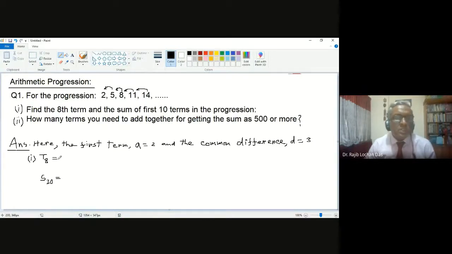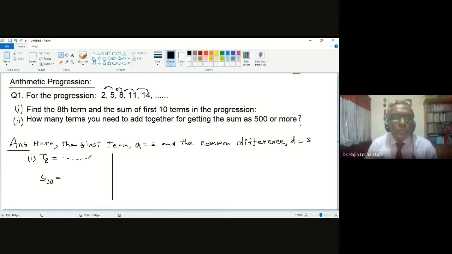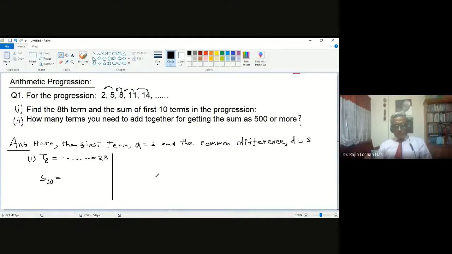So what is T8? 23. So you have got 23. Everyone check, do you find the same answer or not? Yes, sir. Same answer. Okay, so do the calculation for S10.